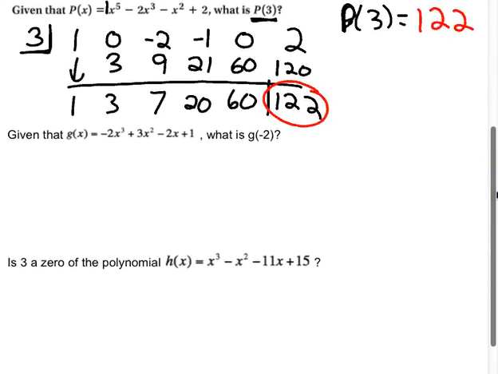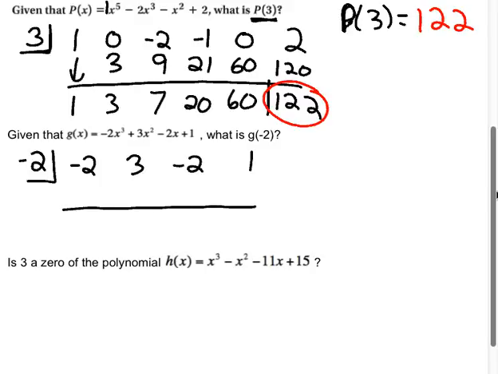But let's step through it again. So I want to find out, given that polynomial, what is g of negative 2? So I'm going to use that negative 2. And I can use synthetic division to evaluate this polynomial. So I have negative 2x to the third, 3x squared, negative 2x's, and a 1. Pull that first one down. Now multiply by the negative 2, add.